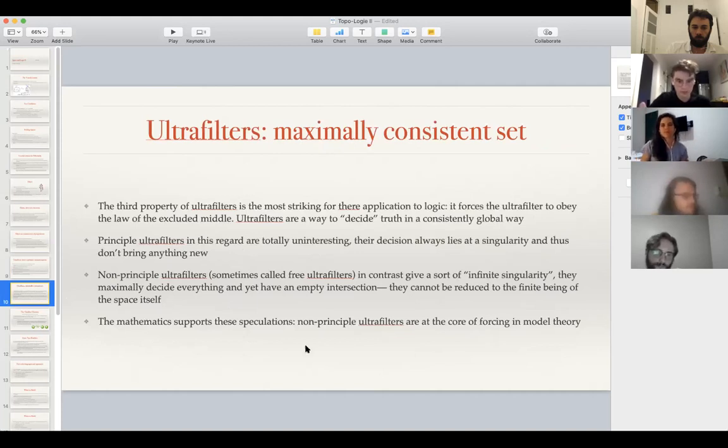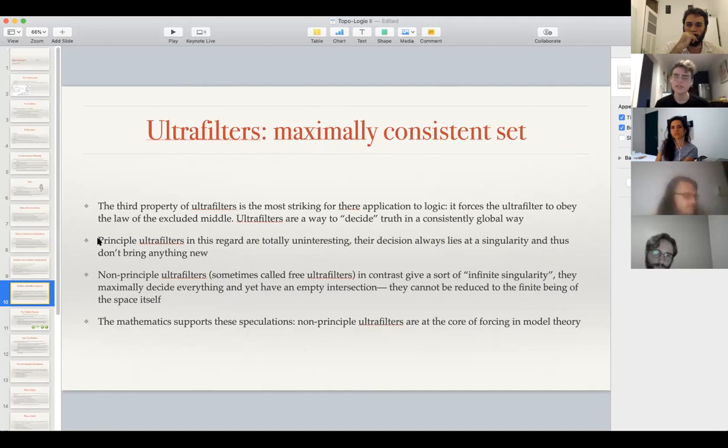But even more so, an ultrafilter is a way to decide truth globally and consistently. It decides everything in your poset, or in the set that the filter's over, but it decides it consistently. Right, so this is the point I was talking about. Principal ultrafilters are not really interesting. They always go down to a singularity, but non-principal ultrafilters give this sort of infinite singularity.